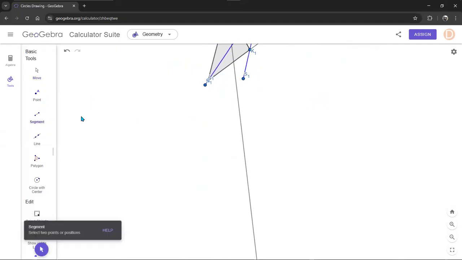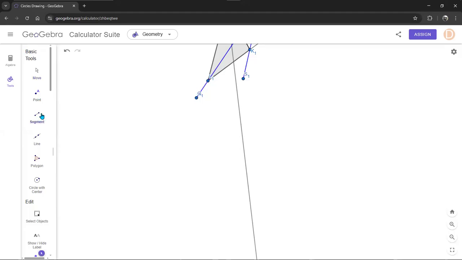So we make this one longer. I think this was so short. We'll just take it out from there. It's causing confusion. So I need a segment to continue this line.